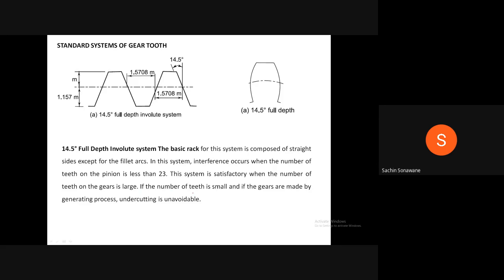If the number of teeth is small and if the gears are made by generating process, undercutting is unavoidable. Therefore, this is 14.5 degree full depth involute. Now, if you observe carefully, this distance is known as base distance at the base. Please understand carefully.